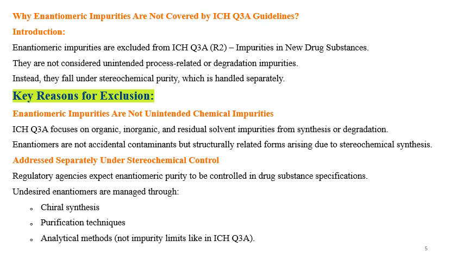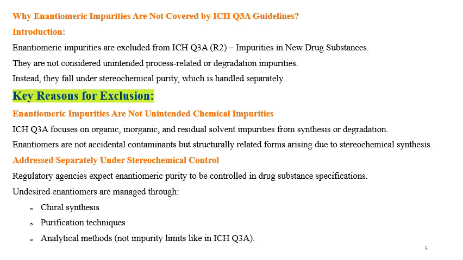Actually, these enantiomeric impurities are generally process related, but these are not the degradation impurities. This is observed that they are under the stereochemical purity type, and that's why these are handled separately.